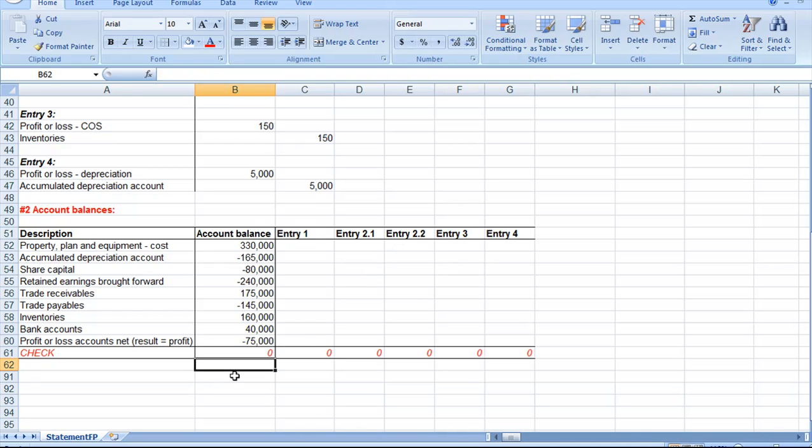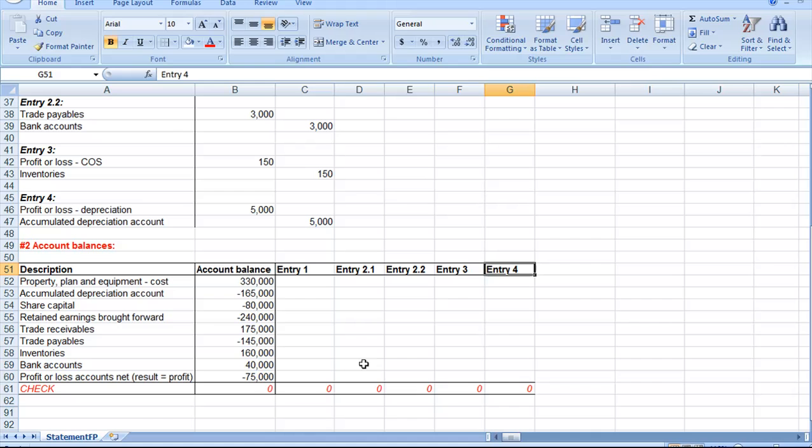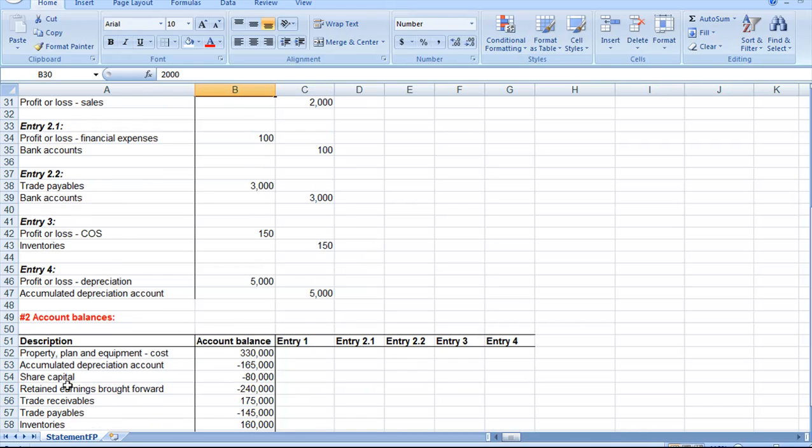Now we're going to bring all our journal entries here to account balances. Each journal entry will be shown in a separate column, and all our debits will be with pluses and credits with minuses. So the checksum below all entries will be 0. Let me show you the first entry. We debit trade receivables with 2,000, so enter plus 2,000 to the line corresponding with trade receivables.